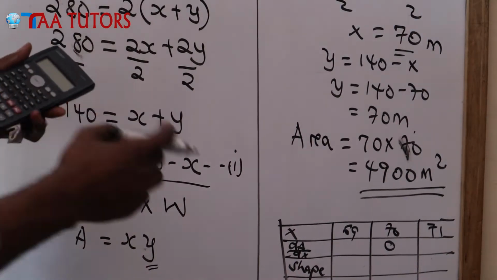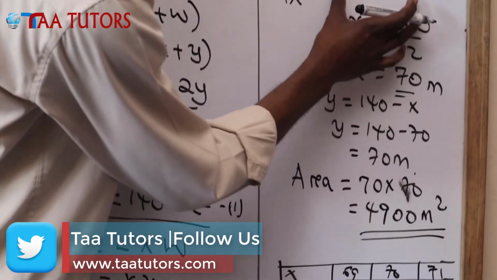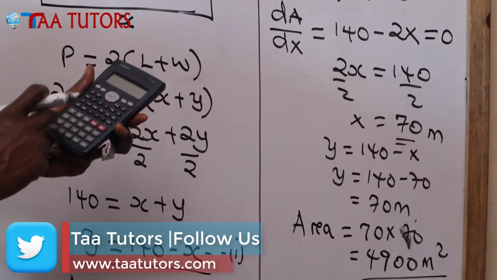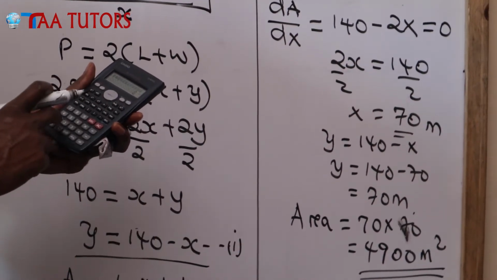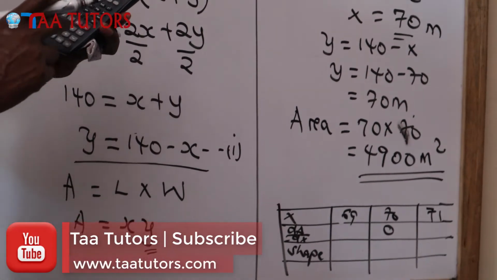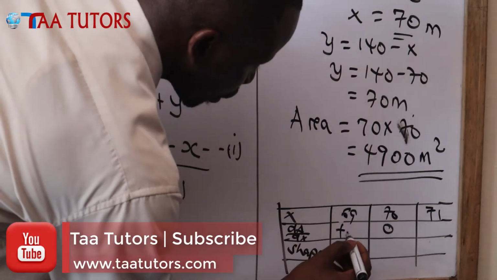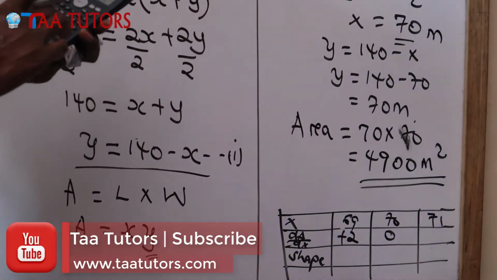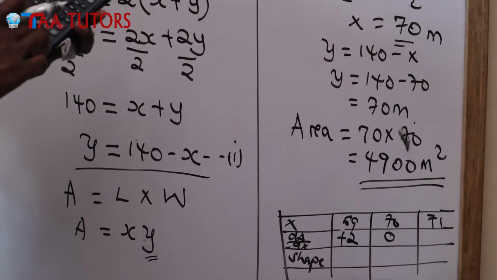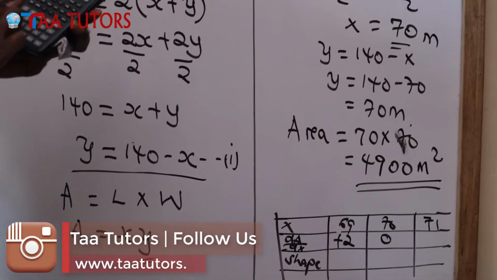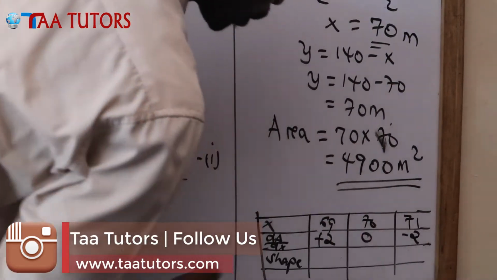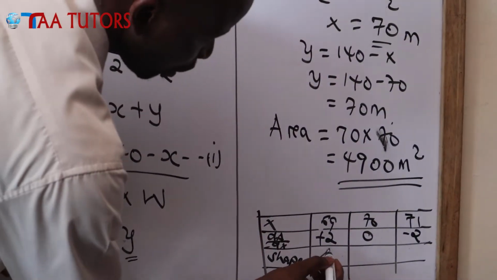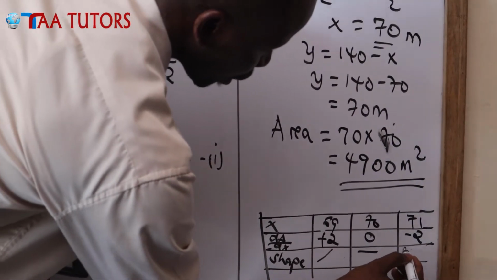If we substitute 69 in the derivative, 140 minus 2 into 69, we get positive 2. What about 71? 140 minus 2 into 71 is negative 2. So the shape here will be flat and then dropping.